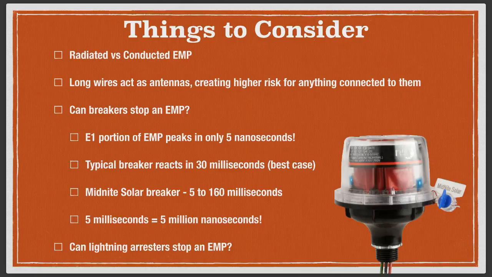When it's just been hit with E1, and then in a split second later, it's hit with the E2. Who knows? So while good lightning arresters and grounding are essential for lightning protection, it probably won't protect your system from the entire effects of an EMP. It can't hurt, but you can't depend on it to protect you entirely from an EMP.